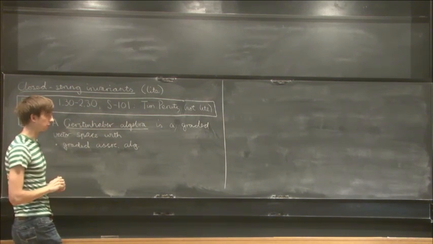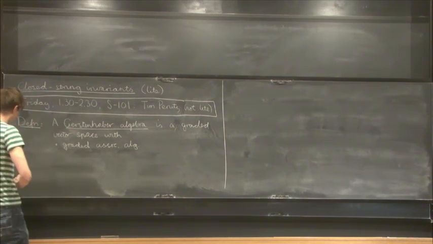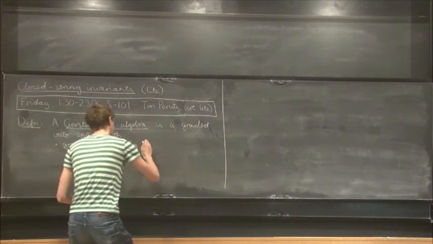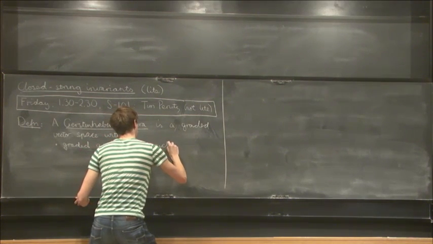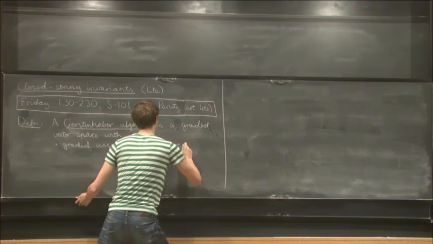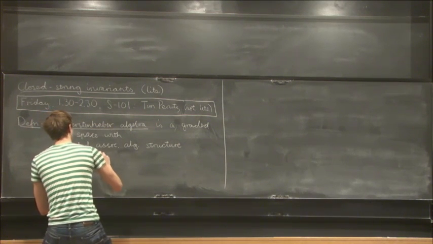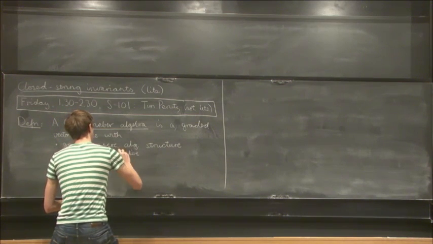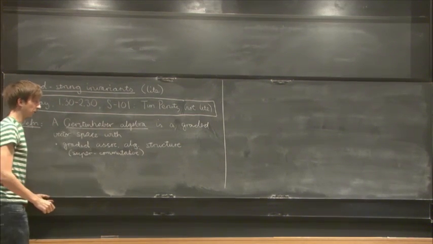We'll have different ground fields. We'll see the ground field later in this talk, and we'll see why we're forced to use that ground field. So we'll have a graded associative algebra structure, which is supercommutative with respect to the grading.